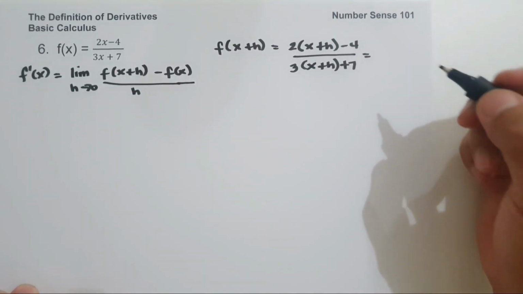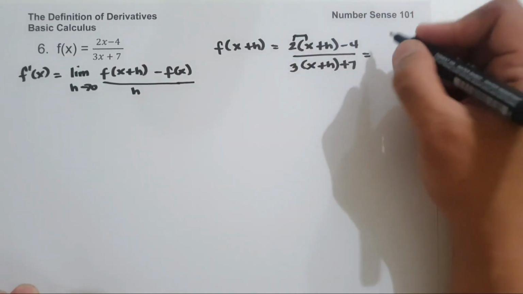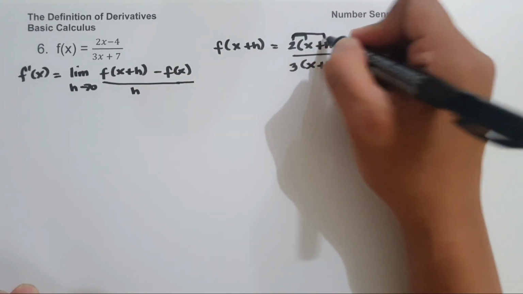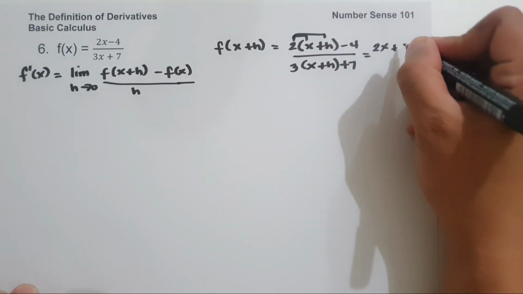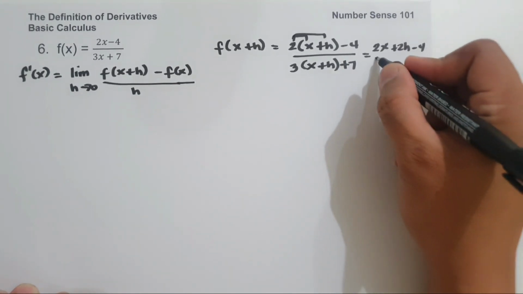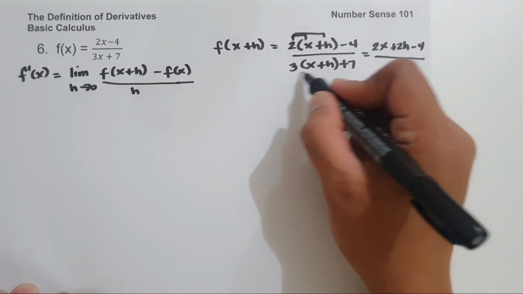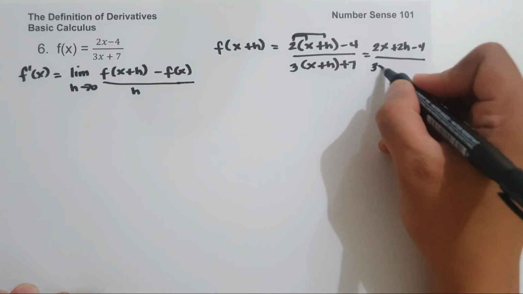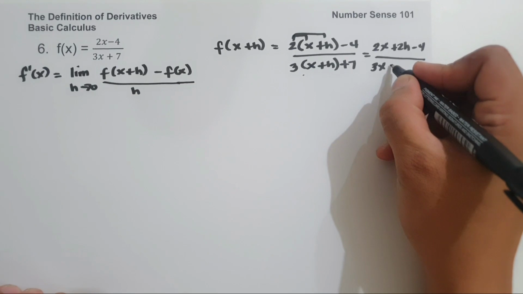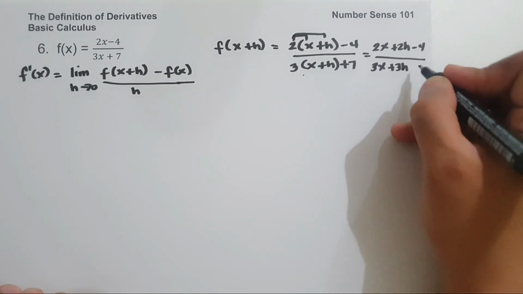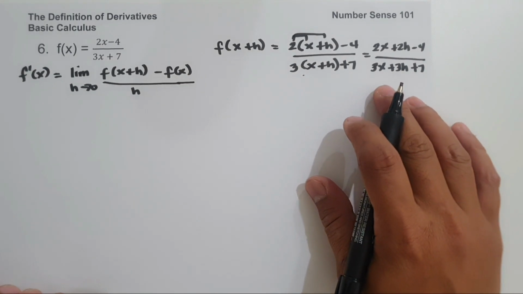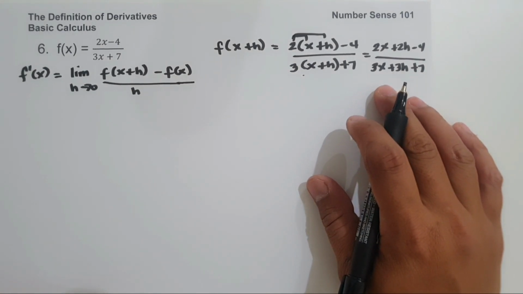So let us simplify this one first. 2 multiplied by x is 2x. 2 multiplied by h is 2h. And then let us write negative 4 all over 3 times x is 3x. 3 times h is 3h. And then let us write 7. So this will be the value of f of x plus h.